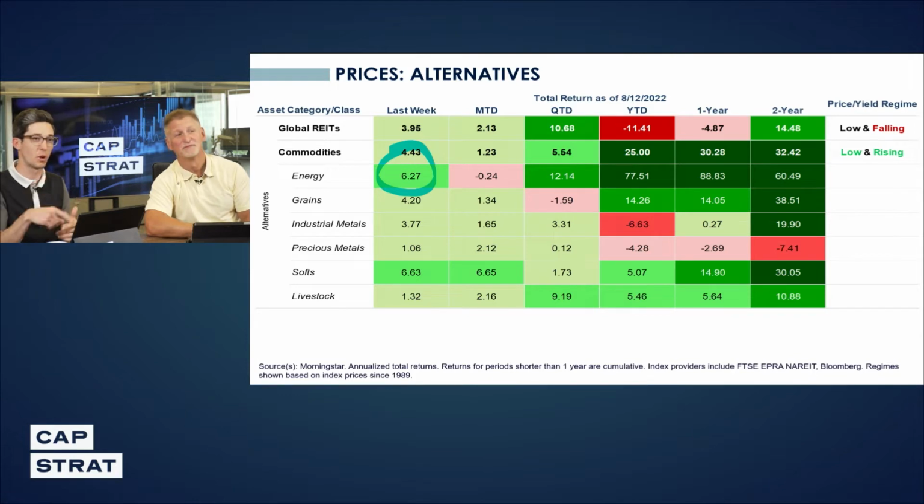So it's sort of caught in this flywheel, if you will. But commodities having a big week, month to date positive, quarter to date positive across the board, particularly energy. Energy up 6% last week, up almost 78% year to date.